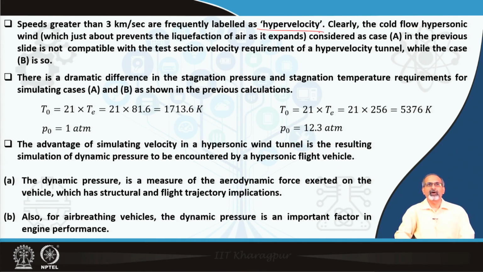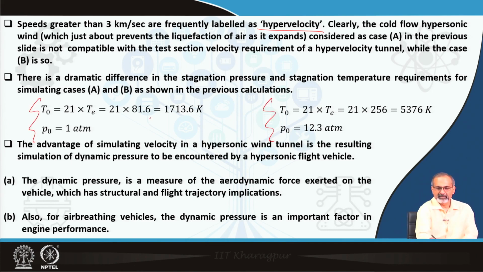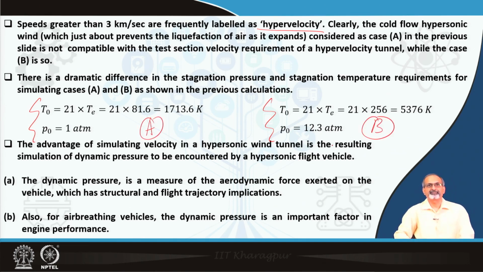Clearly, the cold flow hypersonic wind tunnel, which just about prevents liquefaction of air as it expands, considered as case A in the previous slide, is not compatible with the test section velocity requirement of a hypervelocity tunnel, while the case B is just about so. There is a dramatic difference in the stagnation pressure and stagnation temperature requirements for the two cases. We once again take note of them, this corresponding to A, while this corresponds to B.